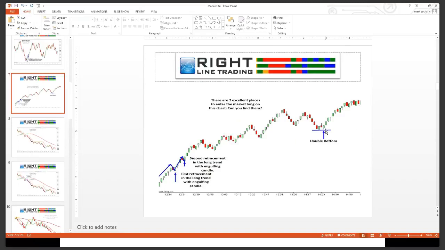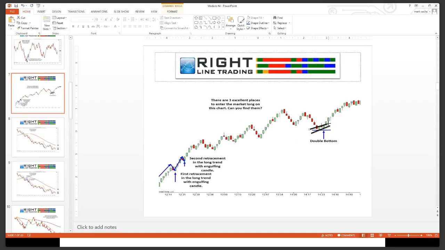And what I wanted to show you here was a double bottom in a rising channel. Now remember, double bottoms and double tops include the wick.